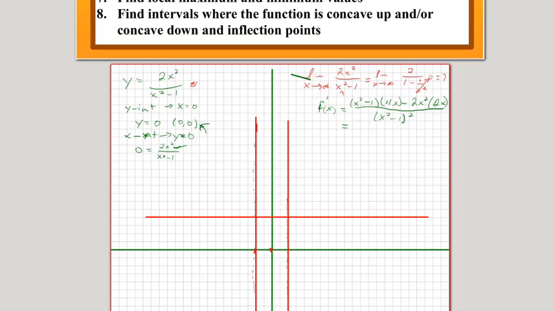Once I distribute, I get a 4x cubed, and I'm also going to get a minus 4x cubed from the second part, so those cancel out. I'm going to have a minus 4x on top over x squared minus 1 squared on bottom.